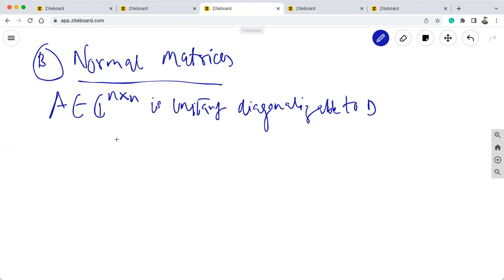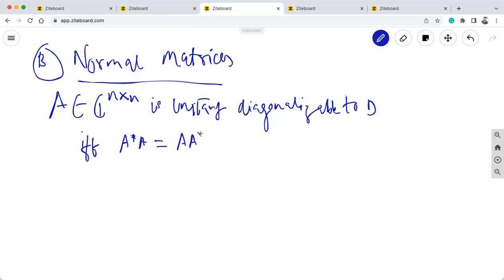So if and only if A star A equals A A star.